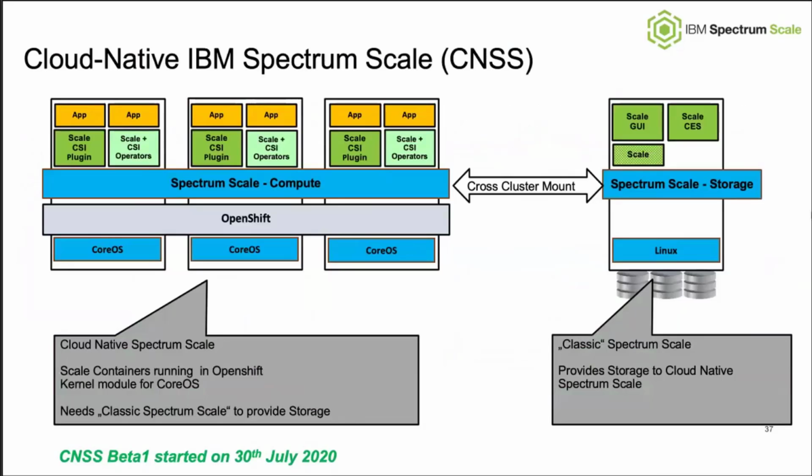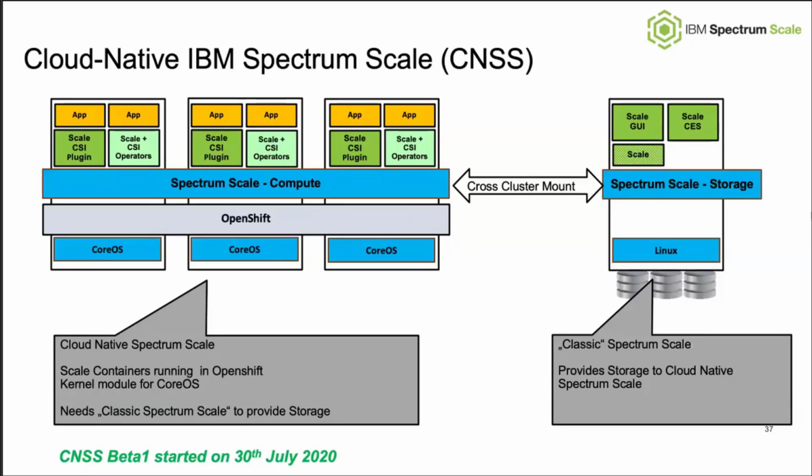Now, in this first delivery, the deployment mechanism being supported is via cross-cluster mounts, wherein the actual storage will come from a traditional Spectrum Scale storage itself. You will need a storage cluster, which is a separate traditional Spectrum Scale storage or an ESS storage, which is then remotely mounted on the containerized Spectrum Scale cluster deployed on an OpenShift environment.